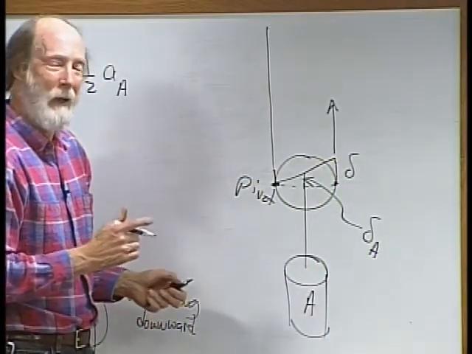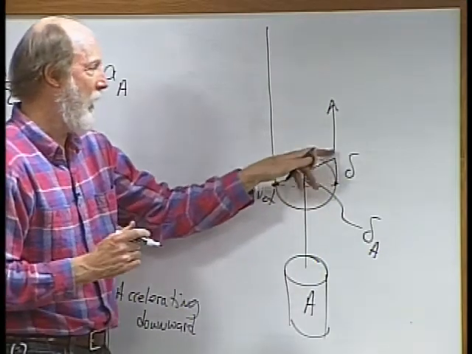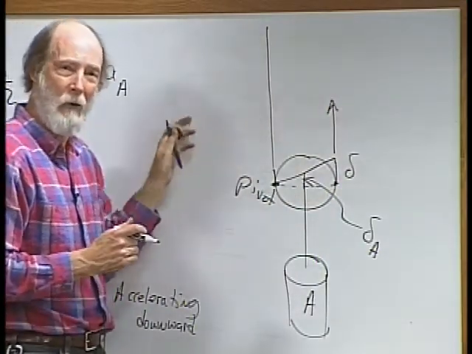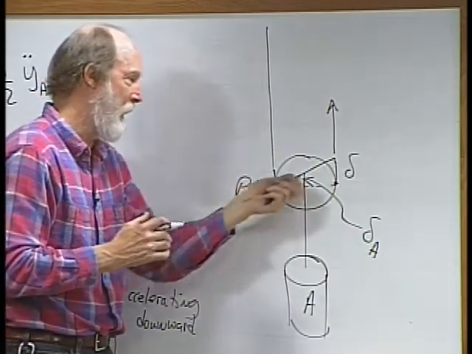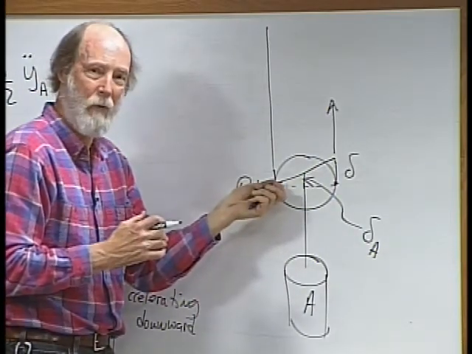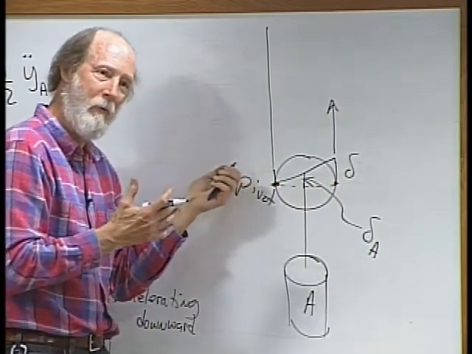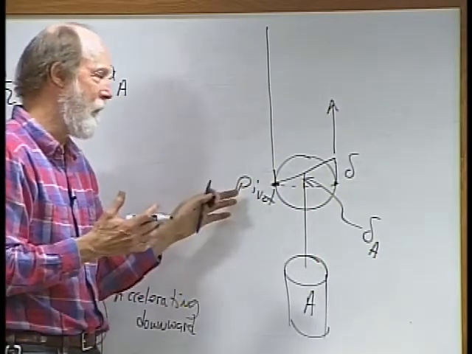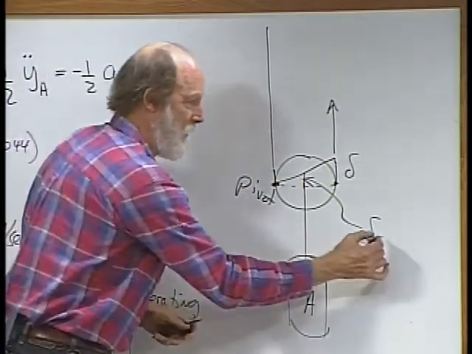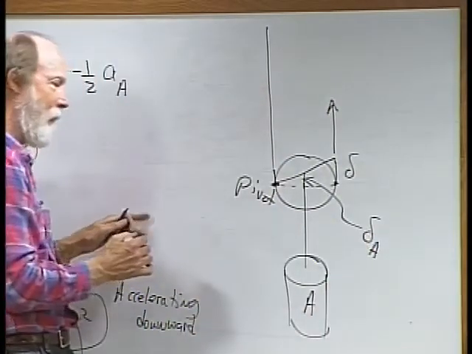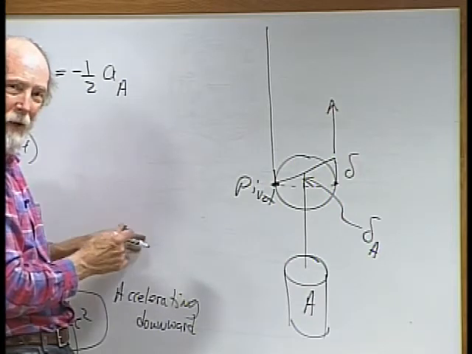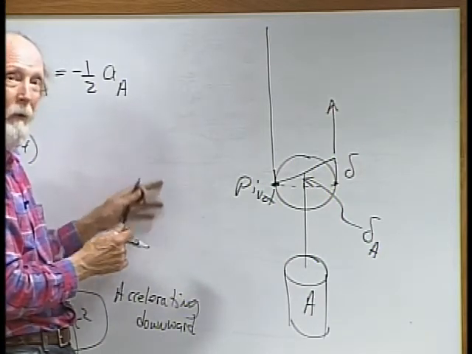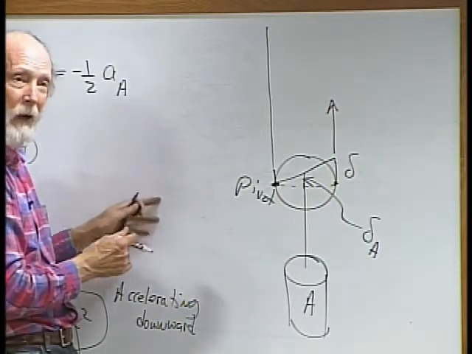Okay? Now, if you track that cable back around onto the other pulleys in the system, you can apply this same kind of differential displacement to those other pulleys, and then you can write a relationship between the delta here and the delta motion, the vertical motion of the other body over here on the left, which happened to be body A rising up.